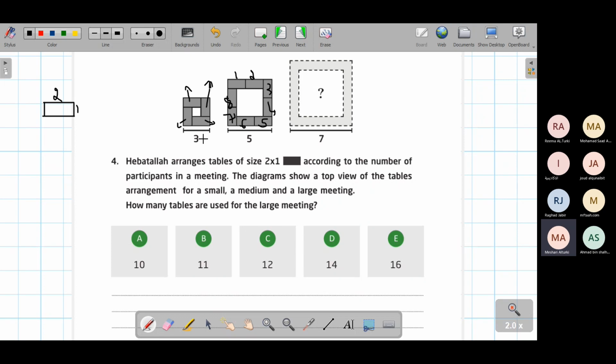Can we use ratios, Mr.? You can use whatever you want. Just write the method. It's not about having only one way to solve the questions. Just the right rules. Okay, yalla.